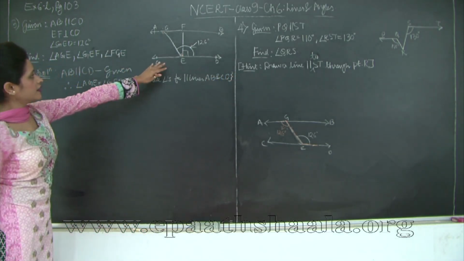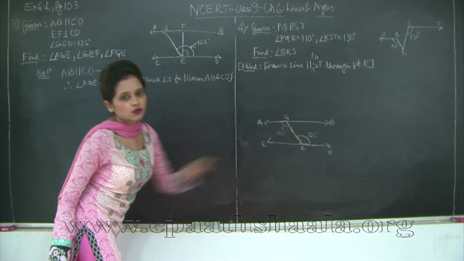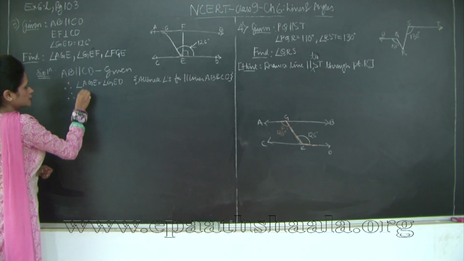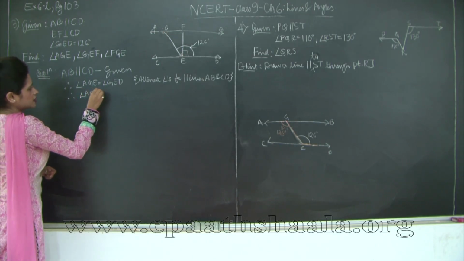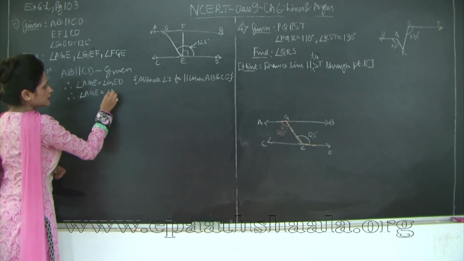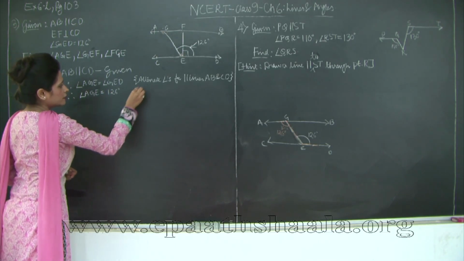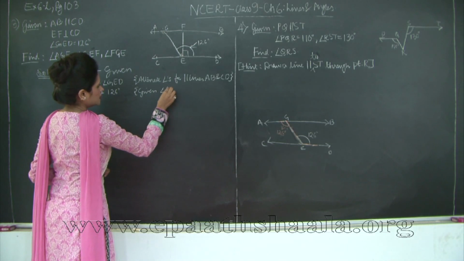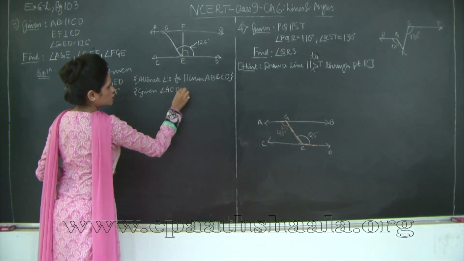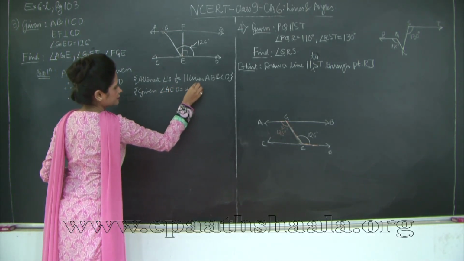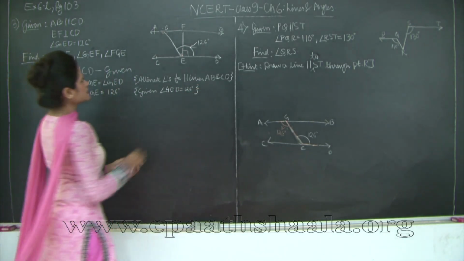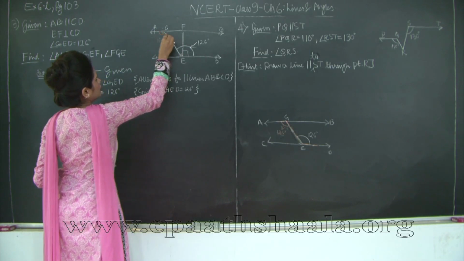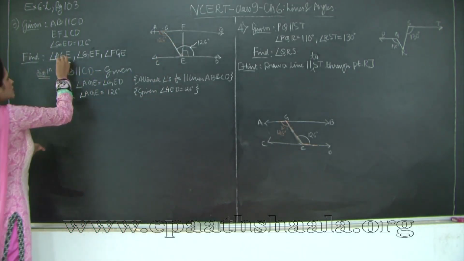But what have we been given? That angle GED is 126 degrees. Therefore angle AGE is equal to 126 degrees. Why? Because given that angle GED is equal to 126 degrees, correct. Let us mark this. So we have found the first angle, which is AGE.